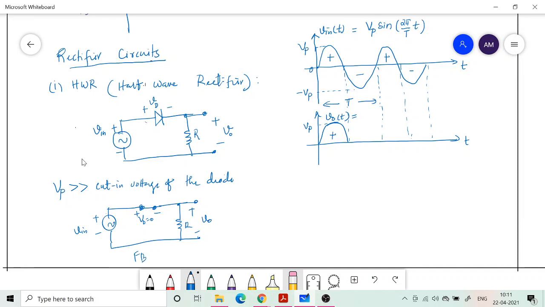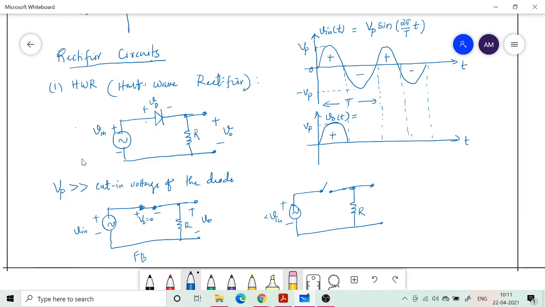Now if I redraw the circuit for a negative bias, whenever it is a negative input voltage that I apply, still taking the reference like this only, but the value of V in is negative, my equivalent circuit is going to be like this. I have a resistor, and an equivalent of the diode, which is an open circuit because V in is negative.